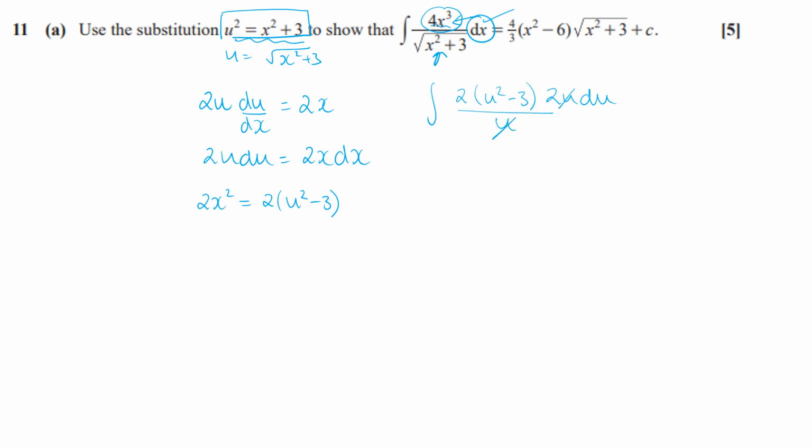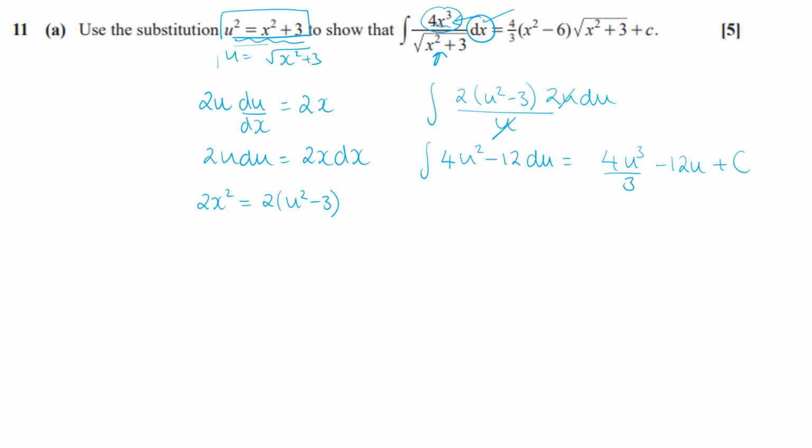These u's can cancel. The 2 times the 2 is going to give me 4, and then I can times it into the bracket, 4u squared minus 12 du. And now integrating, 4u cubed over 3 minus 12u plus c. Now I have to substitute back.